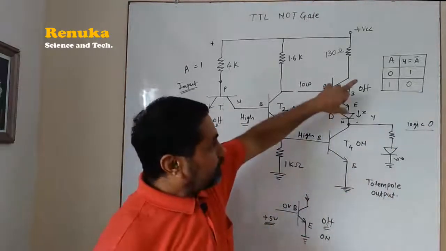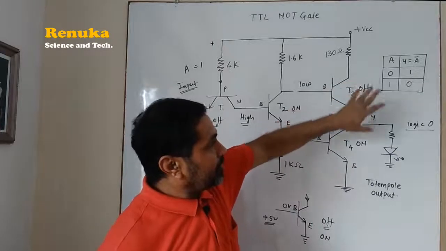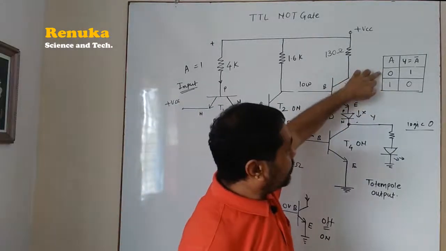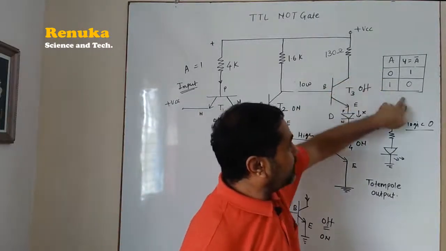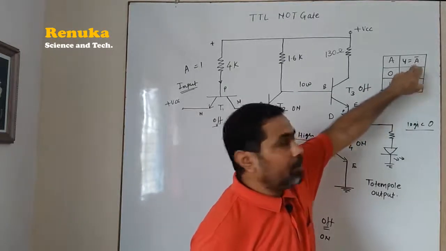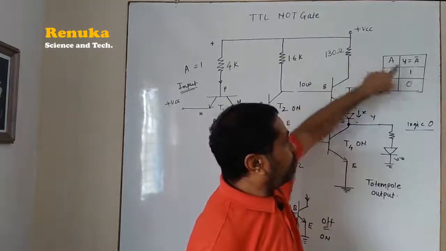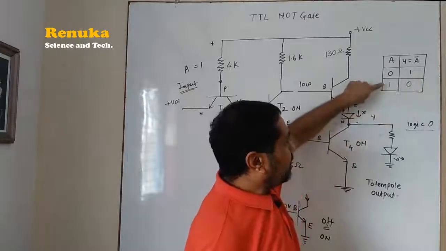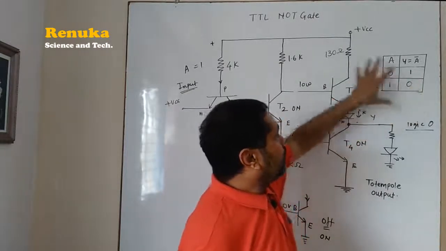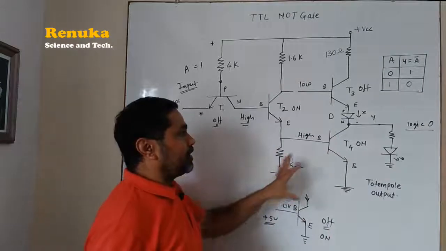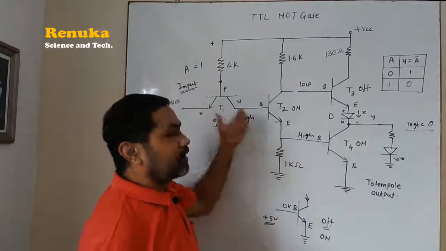So in the truth table or the observation table, you can find that the inputs and output have a relation like complement. If 0 is connected, output is 1. If 1 is connected, output will be 0. In this way, this type of logic circuit is constructed using transistors.